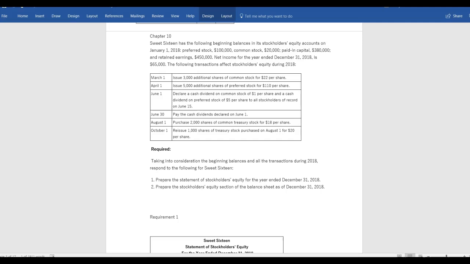Net income for the year is $65,000, and then they give us various transactions. We would prepare a statement of stockholders' equity, and we would also prepare the stockholders' equity section of the balance sheet. So let's look at the statement of stockholders' equity.